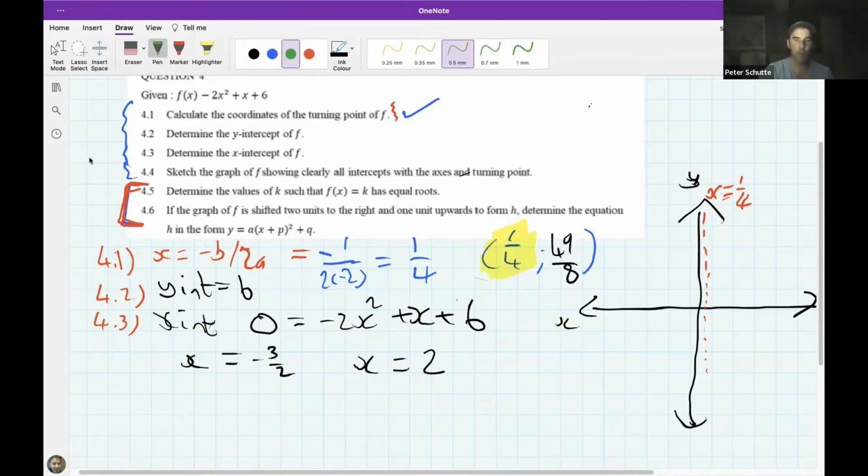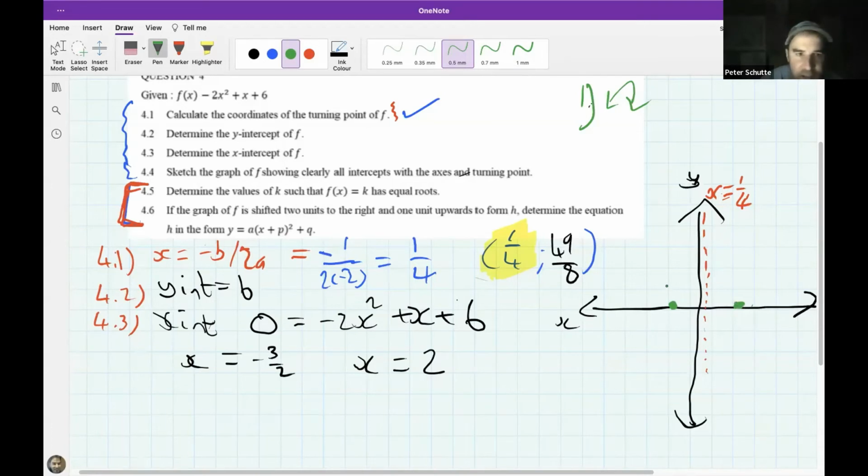Now, in our normal 5-step process for drawing a parabola, we always start by asking, is this happy or unhappy? And this particular parabola is unhappy. You can see it in the formula. So let's see what else we have to do. Minus 3 over 2 is going to be on this side somewhere over here. And 2 is probably going to be somewhere over there. It's on a perfect scale graph here.